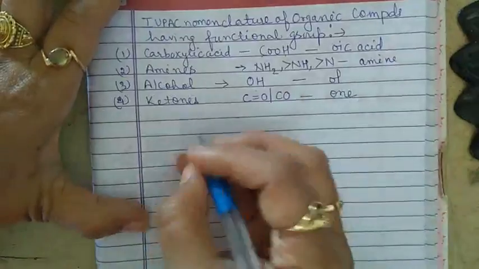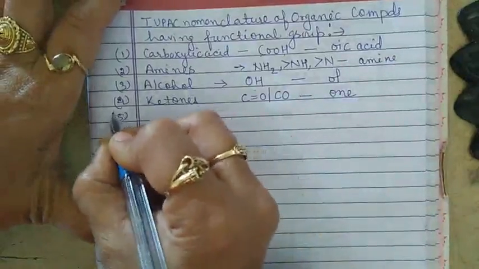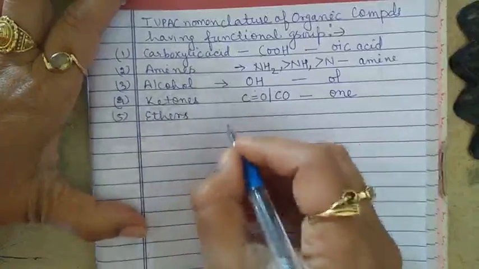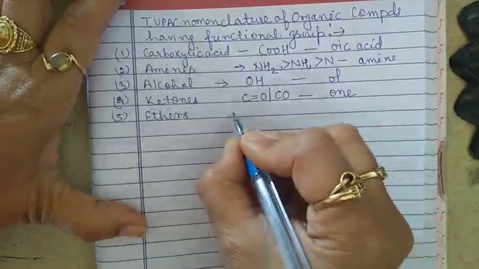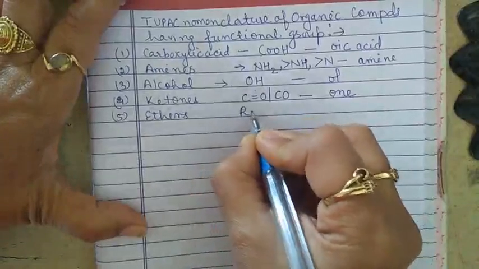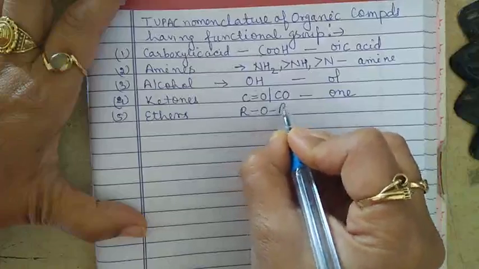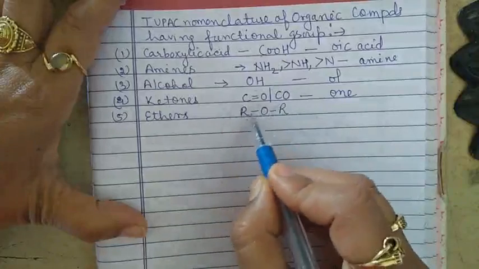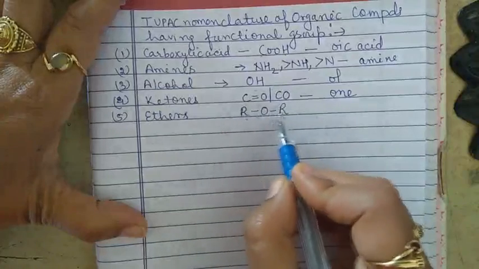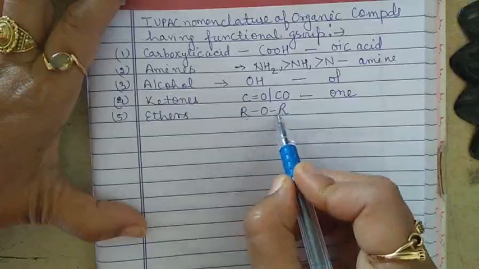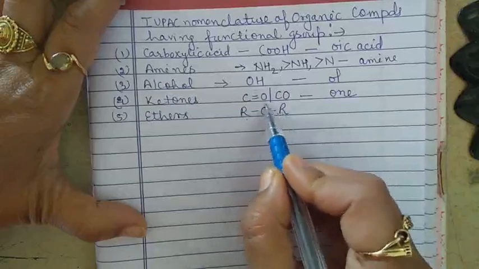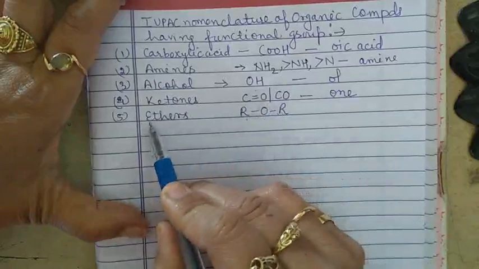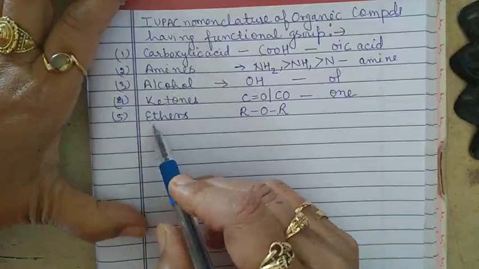And if the functional group is ether, the presence of the ether is shown by ROR. R is the alkyl group. These two R represent the alkyl groups, and the oxygen linkage is present in between the two alkyl groups, and the functional group is ether.